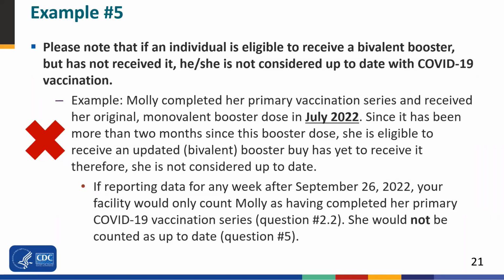If reporting data for any week after September 26, 2022, your facility would only count Molly as having completed her primary COVID-19 vaccination series for question 2.2. She would not be counted as up to date, which is question number 5, because she has not received an updated bivalent booster dose.